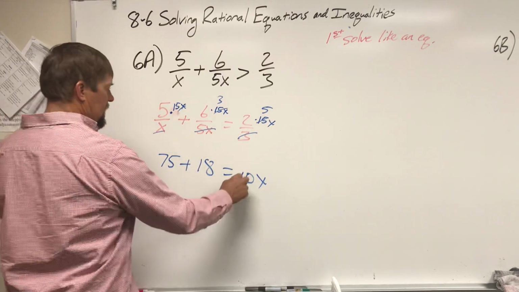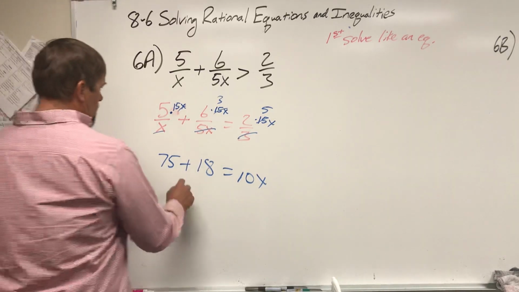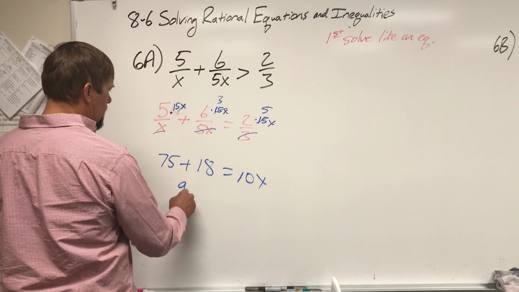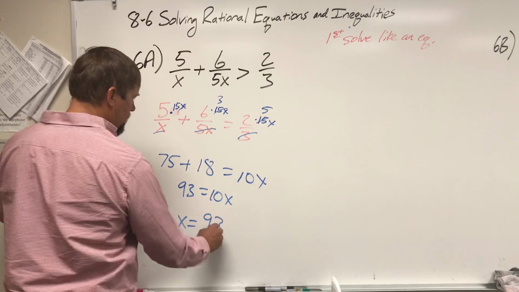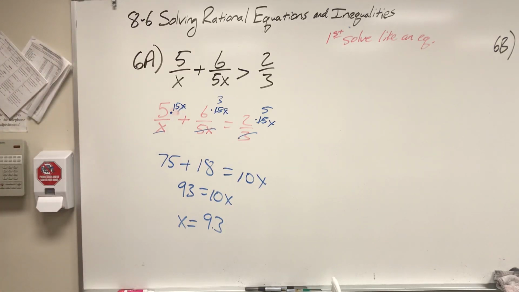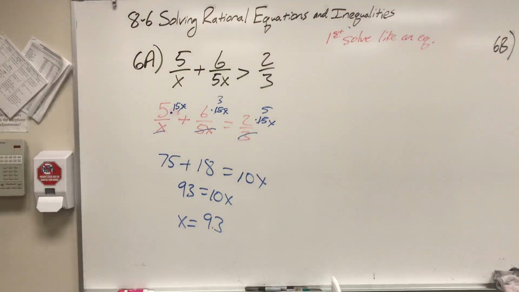So this looks like 93 equals 10x, so x is equal to 9.3. I'm not worried about fractions or decimals, but you never know if I made a mistake, so I want to double check. Okay, it looks like I'm okay on that one.